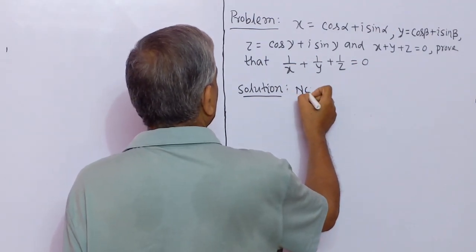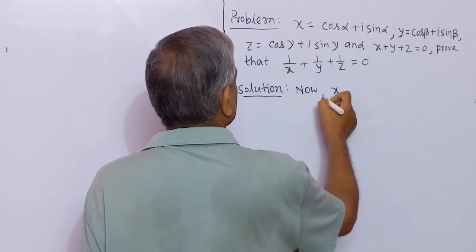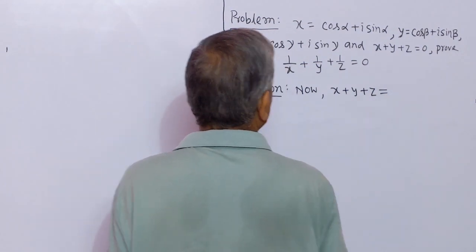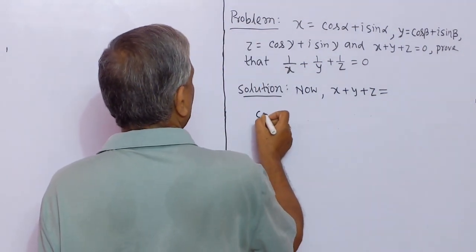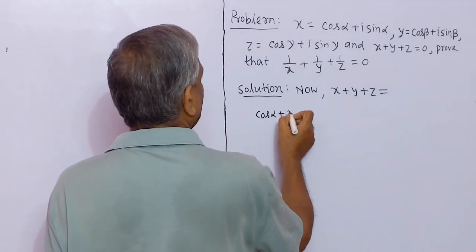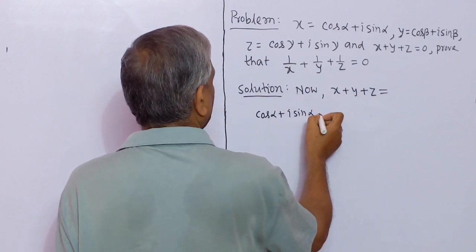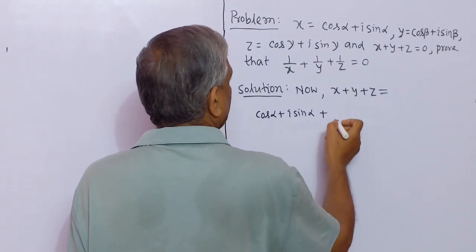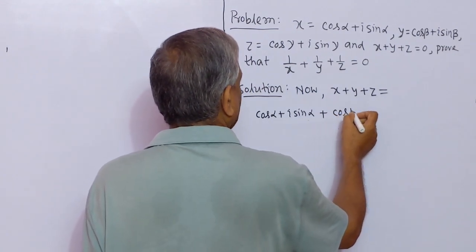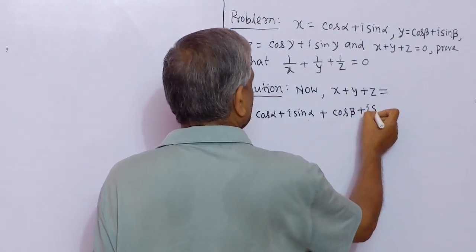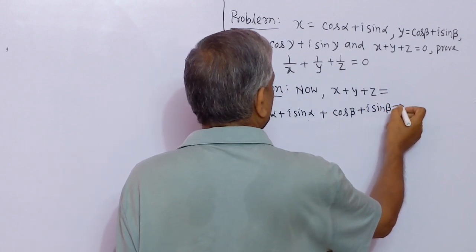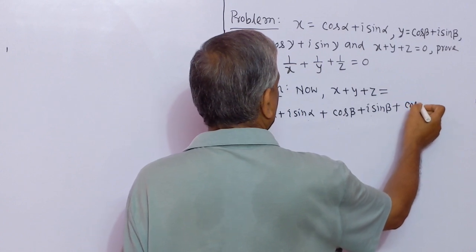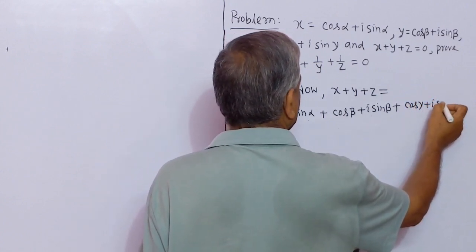Now x plus y plus z equal to, x is cos alpha plus i sin alpha, y is cos beta plus i sin beta, plus z is cos gamma plus i sin gamma.